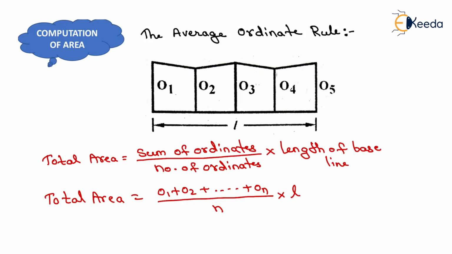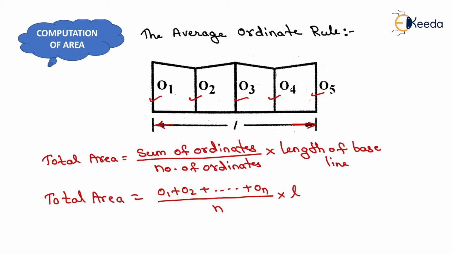The next method will be the average ordinate rule. Now according to the average ordinate rule, we will calculate the offset, that is O1, O2, O3, O4, O5 and that will be the complete length small l. Now according to the average ordinate rule, the total area will be equals to sum of all the ordinates divided by the number of ordinates into length of baseline.